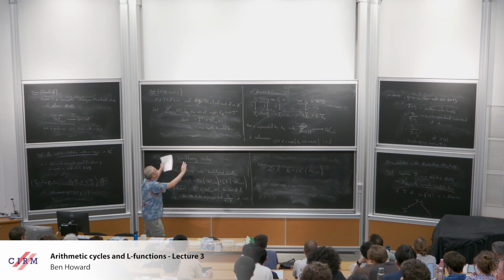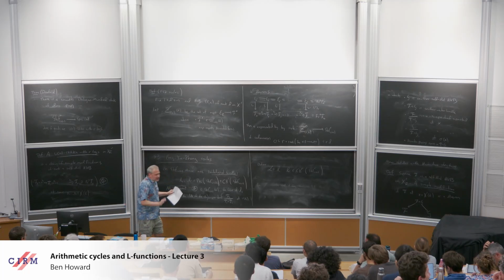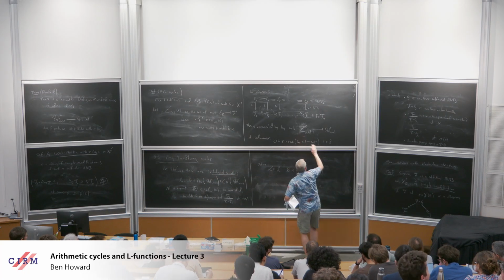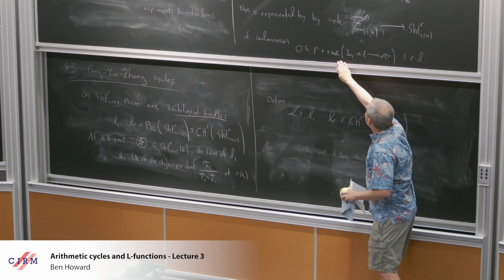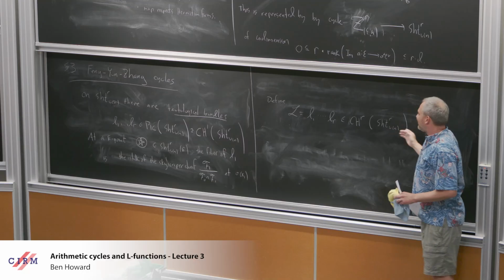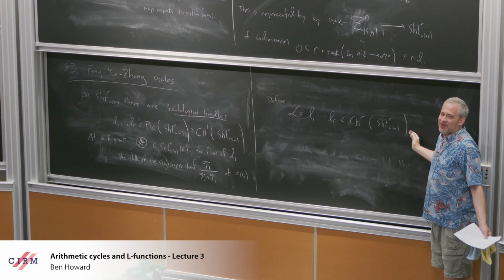Okay, I know it's all crazy and weird looking, but hopefully the next step is going to look familiar, because we wanted a cycle of codimension R times D, and we came off a little bit, but our error is a multiple of R, and we've got this codimension R thing floating around.